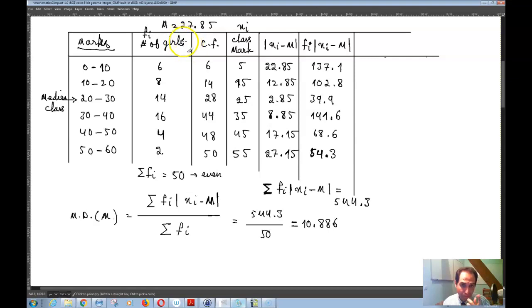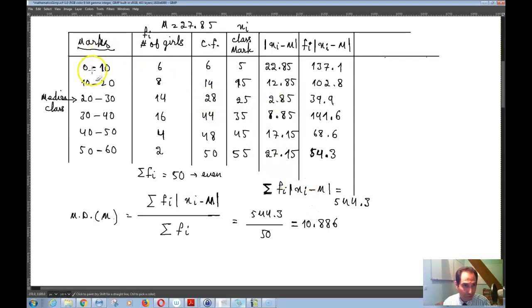And moreover, most of them, basically every girl here, on average, their marks were either 10 or 11 points above 28, or 10 points below 28, very close to that vicinity.